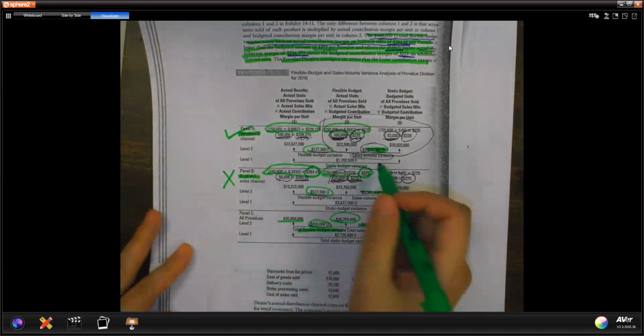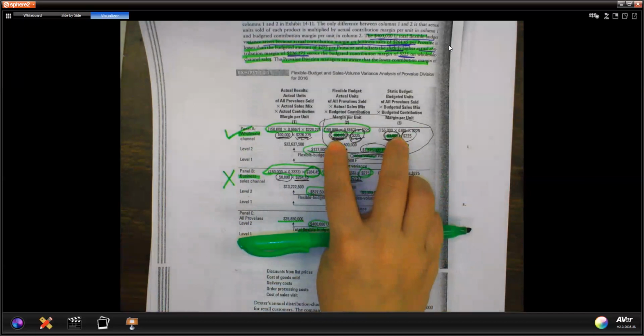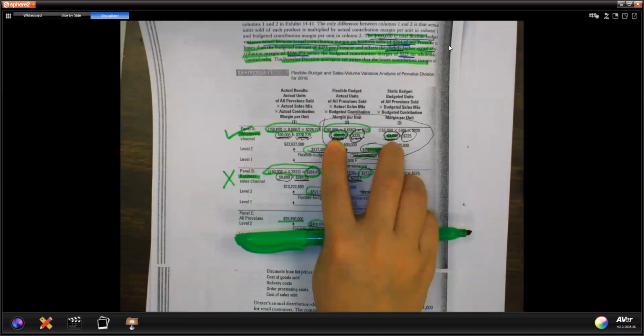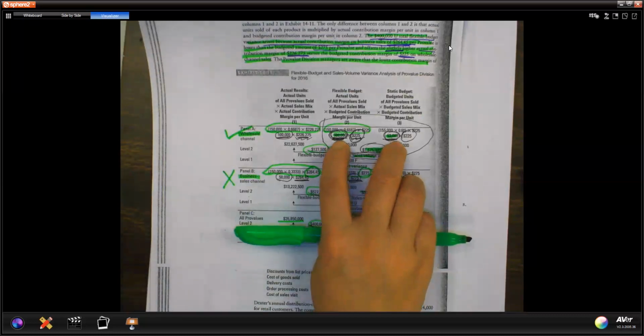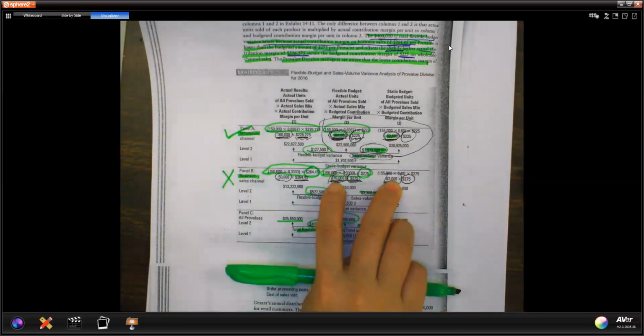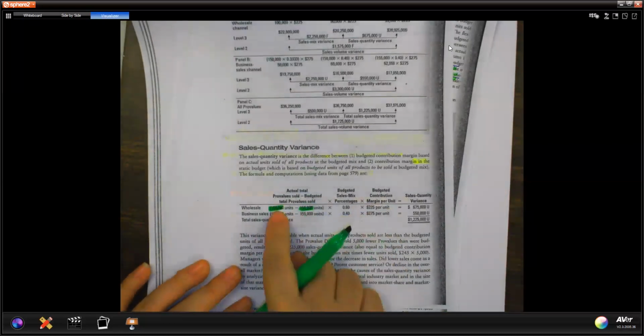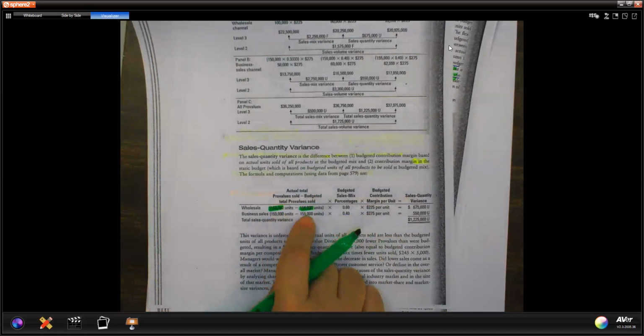Sales volume variance is for that product. We compare that product's outcome. We compare the first department's units, 100,000 versus 93,000, and 50,000 versus 62,000. That's sales volume variance. Sales quantity variance is where we compare the total, 150,000 or 155,000.